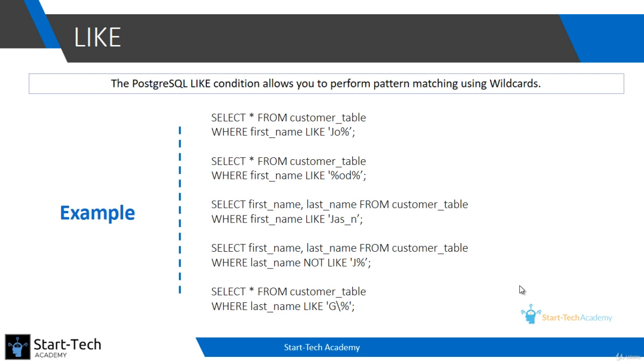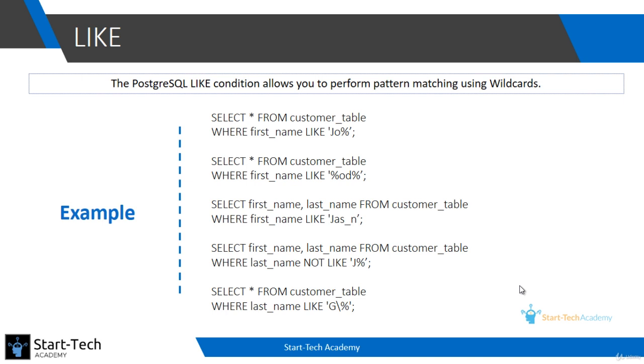We are using the percentage symbol because we don't know the length of the name and we want to identify all the customer names where the starting characters are J and O. Now suppose we want to find all the customers which contain letters O and D. We will write SELECT * FROM customer WHERE first_name LIKE '%OD%'. This means that the first name should contain O and D adjacent to each other.